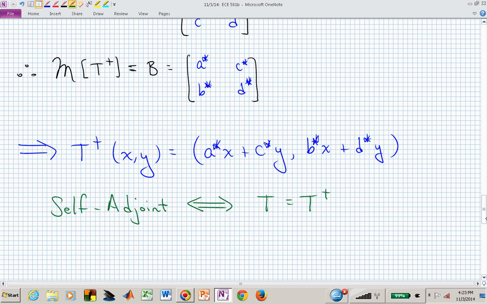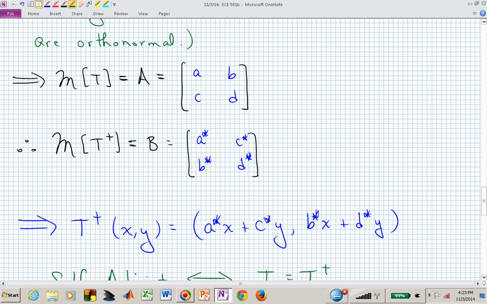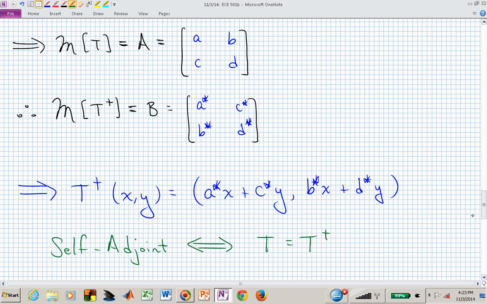And if we apply that now to these matrix representations of capital A and capital B, then we can see a correlation between these entries, these scalars, in our operators.